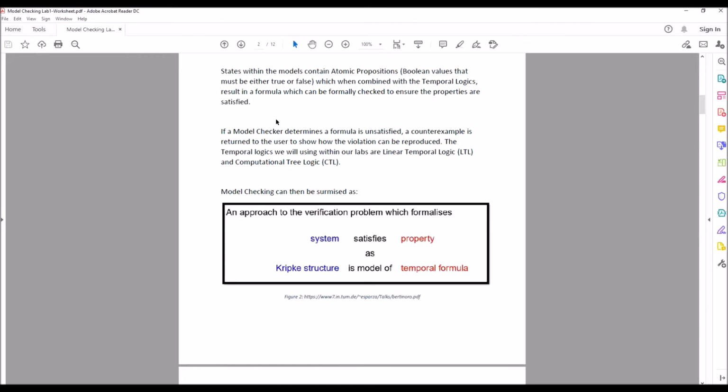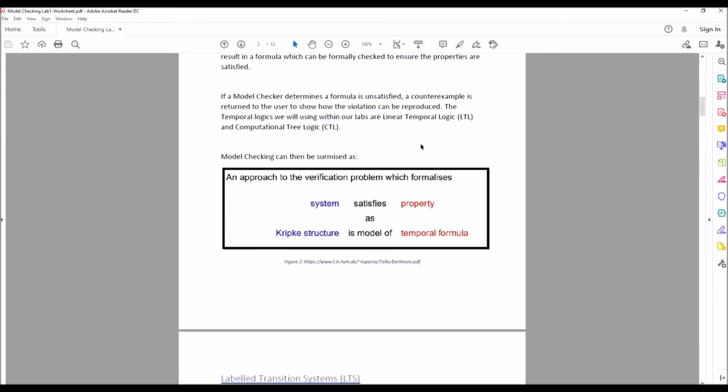Basically, each state will have an atomic proposition, which is a statement that is either true or false. It's either yes or no. And our temporal logics allow us to traverse the model, going from state to state based on what you want to do, whether you want to check all the states or just a certain path, depending on which logic you have. And you're just going to determine whether the atomic propositions hold in every state on that path. That is essentially what we're doing.